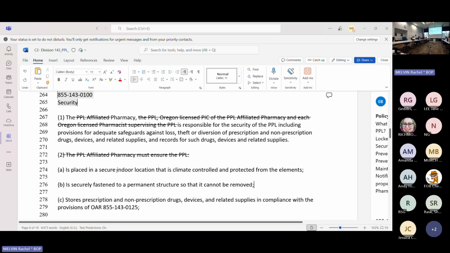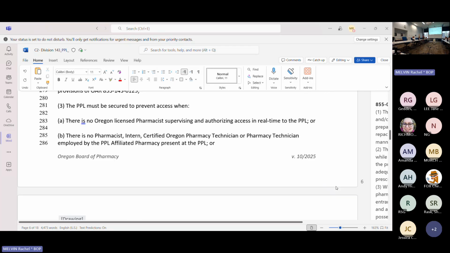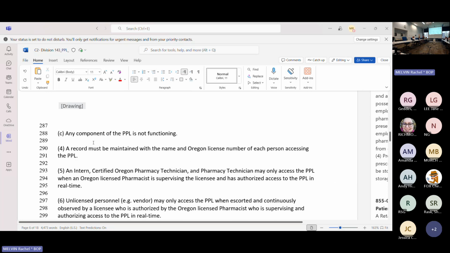Paren B, I agree with. It needs to be fastened to a permanent structure. 3, paren C. I feel like saying any component of the PPL is not functioning, it's pretty broad.